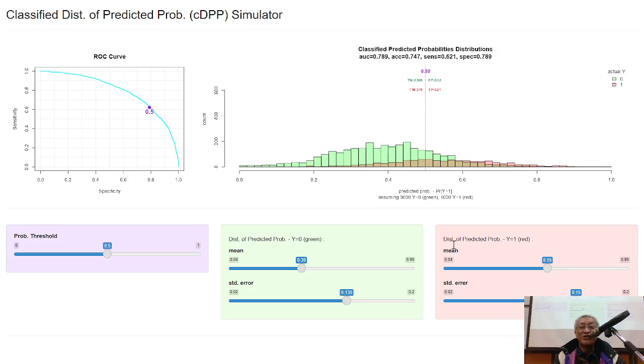But I can change the mean and the standard error of the actual y equal to 0 and actual y equal to 1, right? This is the actual value of y, but our model would actually predict the probability for each point, right? So there will be a distribution of this y, okay?